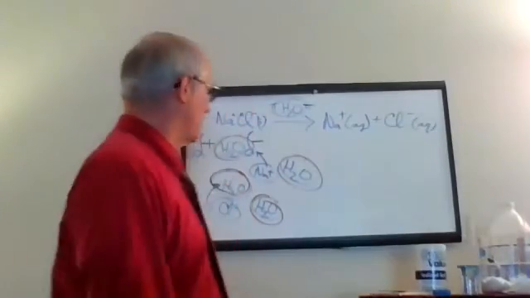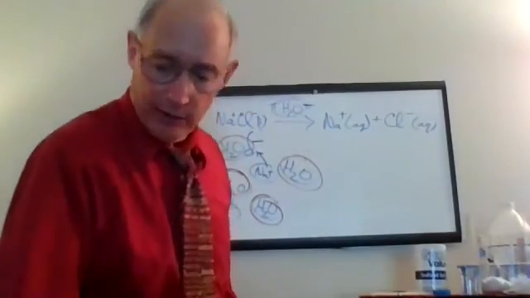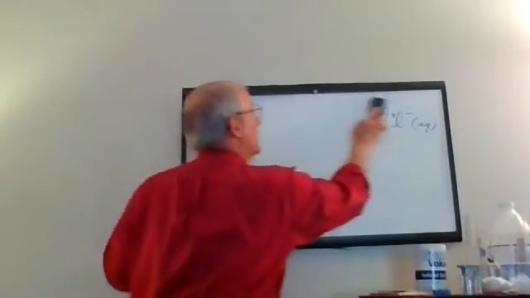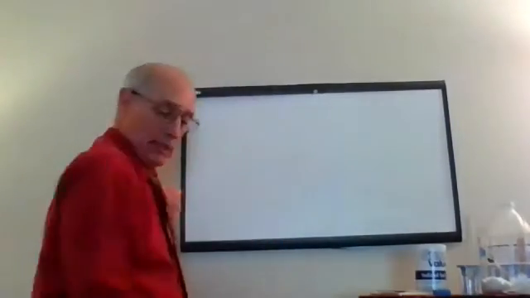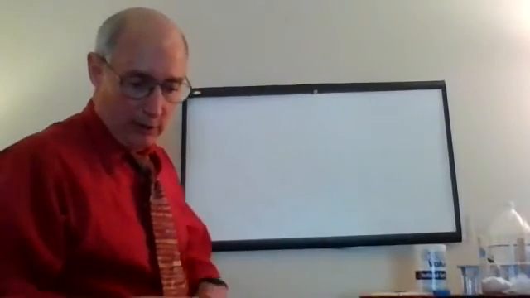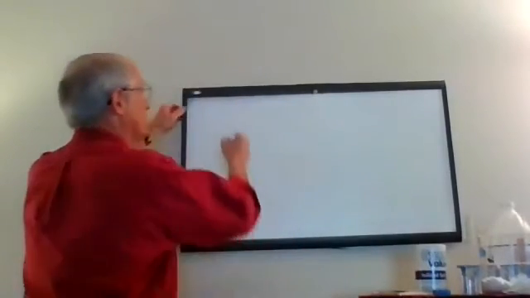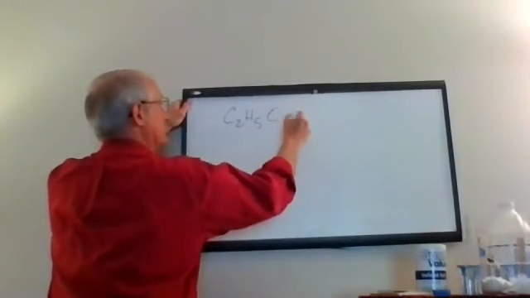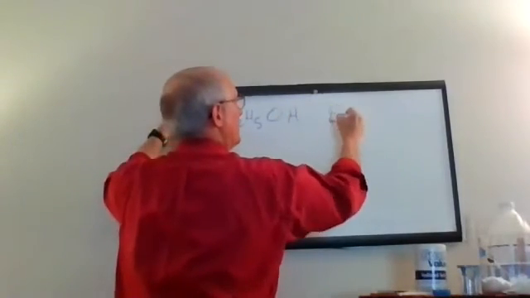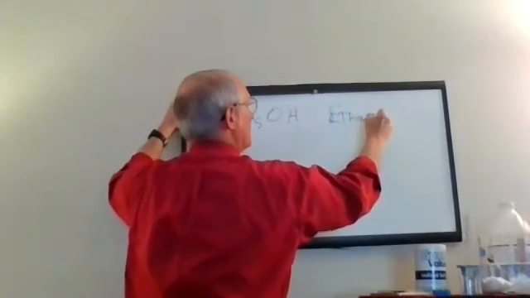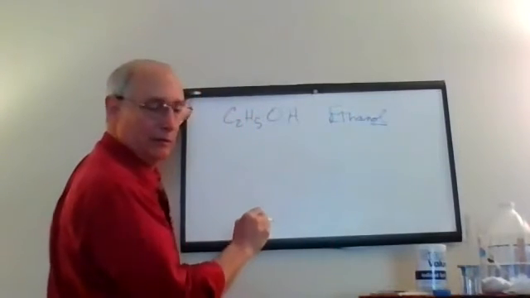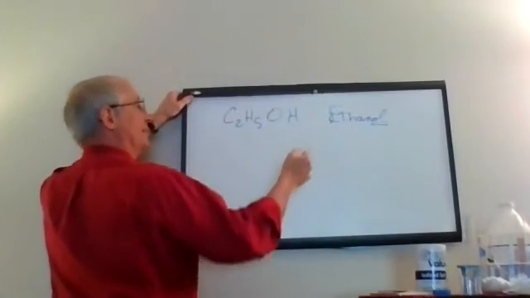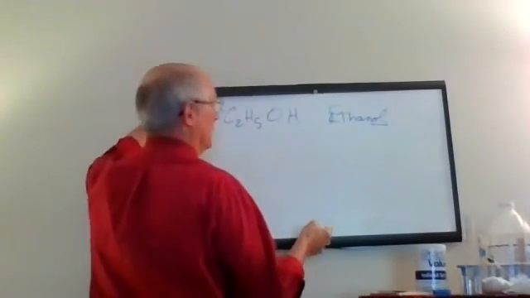Okay, let's go ahead and show you that alcohol thing. I want to show you that before I quit. So ethanol is good old C2H5OH. That's called ethanol. That's what they drink, you know.